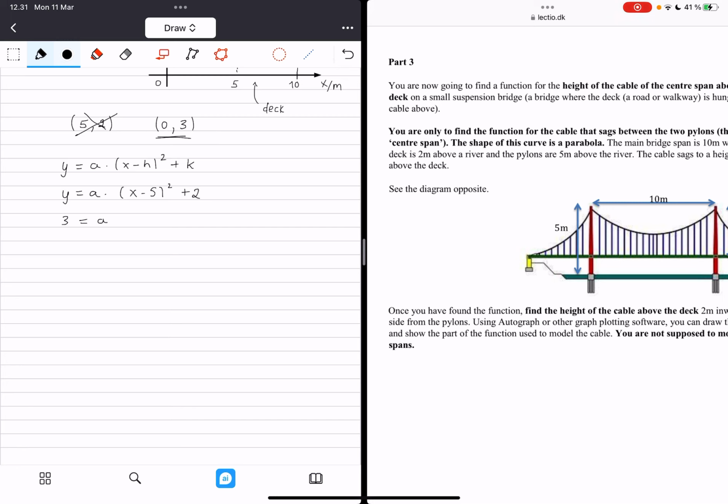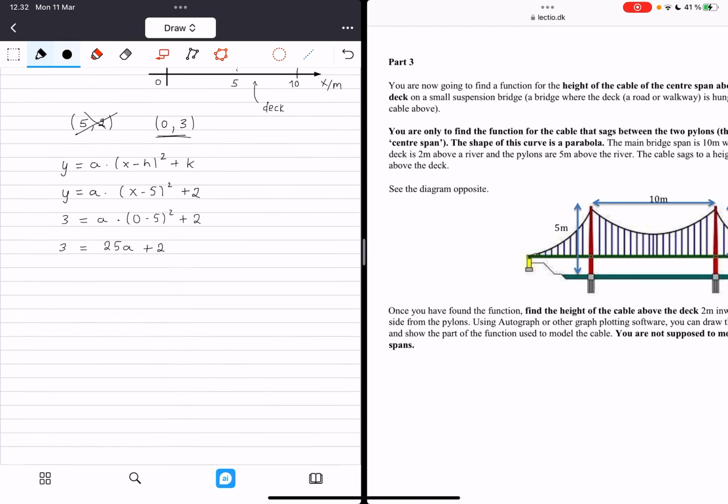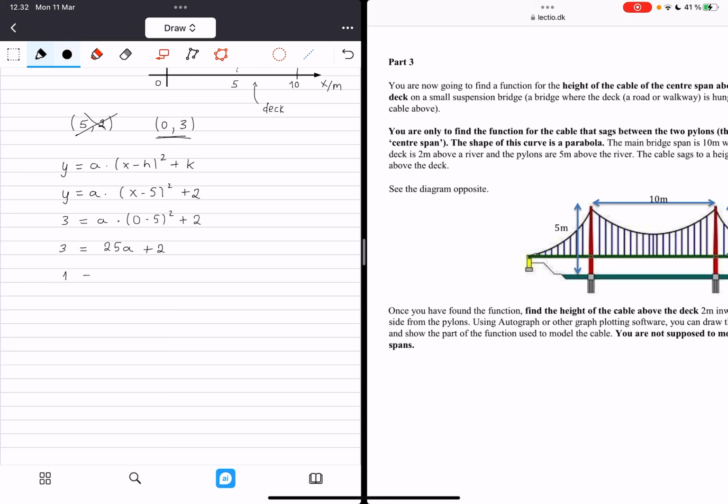3 is a times 0 minus 5 squared plus 2. 3 is 25a. See, you have multiplication, so this operation must come first, and you leave the plus 2 later on. Plus 2. Now you subtract 2 from both sides, so that becomes 1 equals 25a.